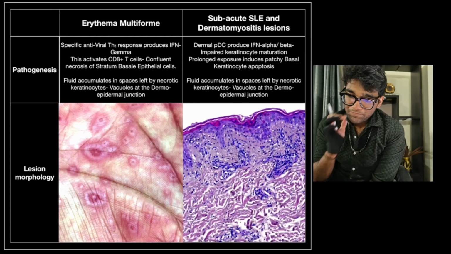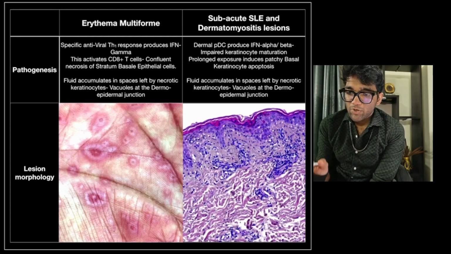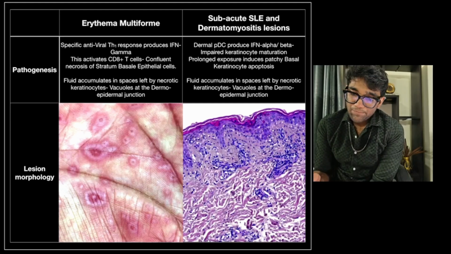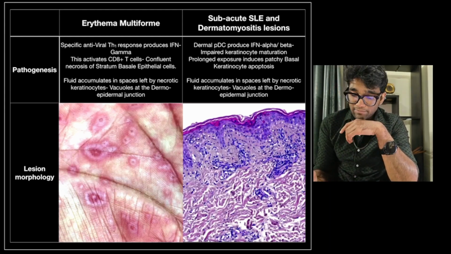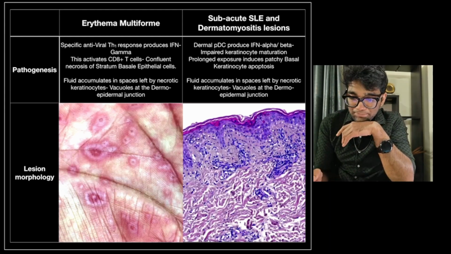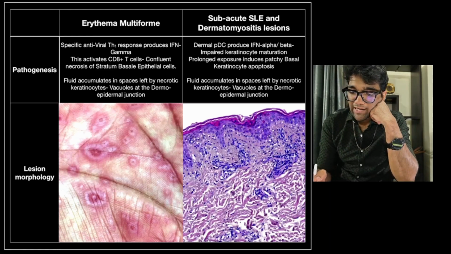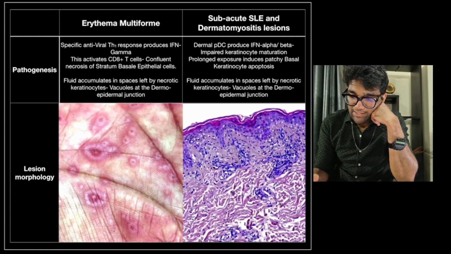Now, on the other hand, in case of SLE and dermatomyositis lesions, I've specifically taken subacute lesions, because acute lesions would damage the skin barrier function so much that you might end up breaking the nose to film. Here what you find is something interesting. There is some perivascular lymphocytic infiltrate.